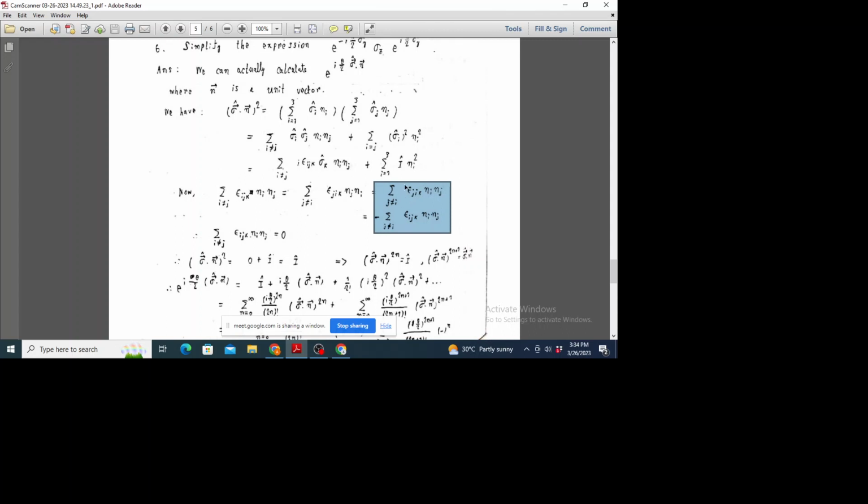So epsilon jik is equal to minus epsilon ijk. So going from here to here, we are not relabeling the summation dummy indices, but we are using the antisymmetry property of the Levi-Civita symbol.